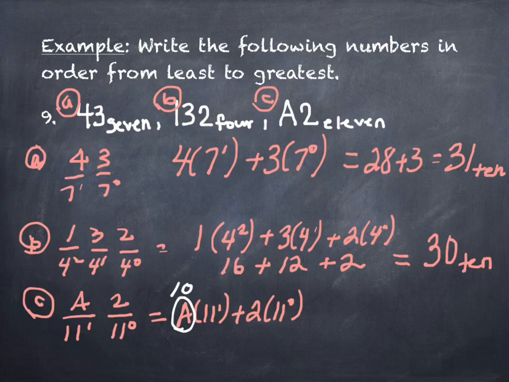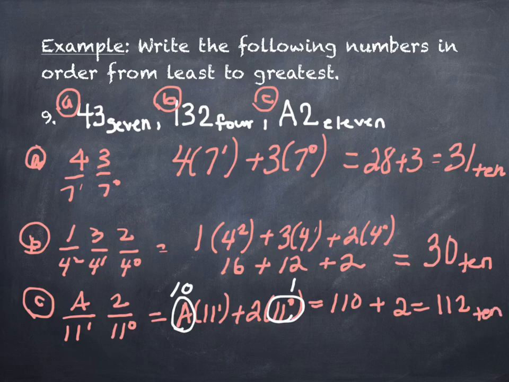So what I really have is 10 times 11, or 110. And then 11 to the 0 is the number 1, so then I have 2 times 1, which is, of course, 2, so this total is actually 112 base 10. There we go. So that's definitely the biggest.